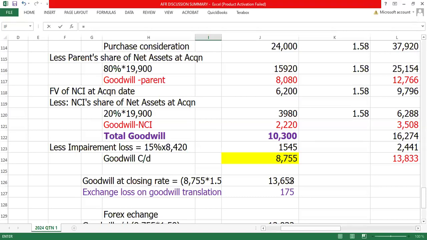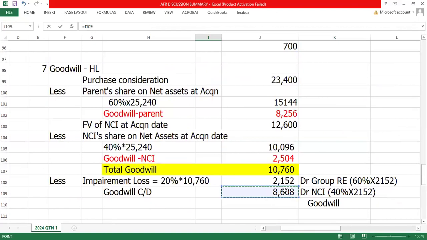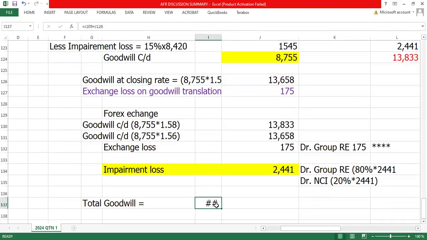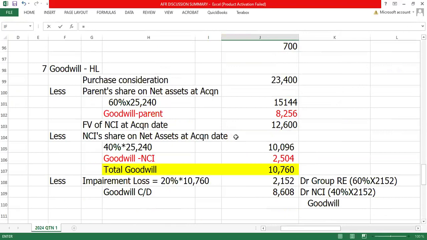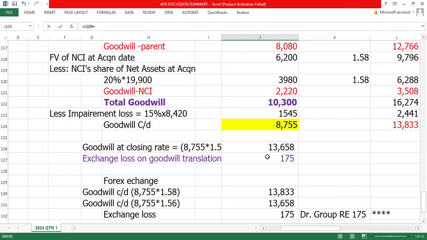So the total is the one of HL, which is 8,608, plus the one of AL, which is 13658.